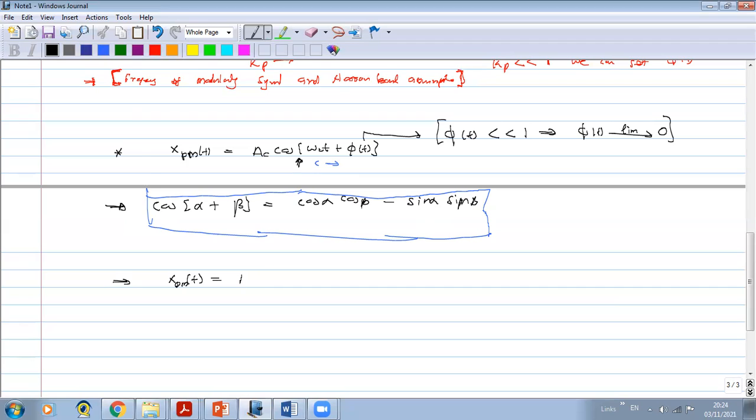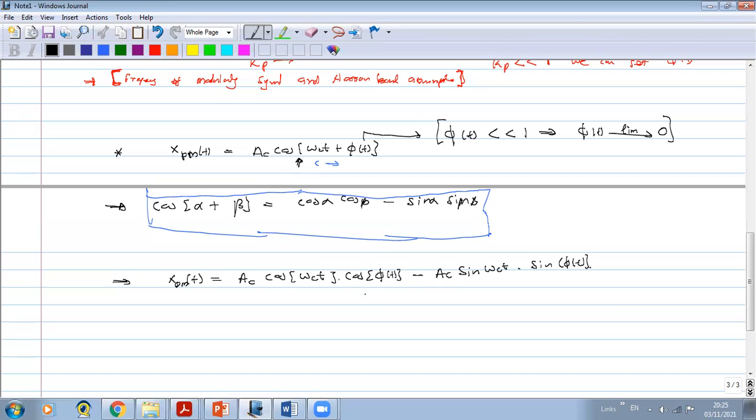So here I can write Ac cos(ωct) cos φ(t), and minus Ac sin(ωct) sin φ(t).